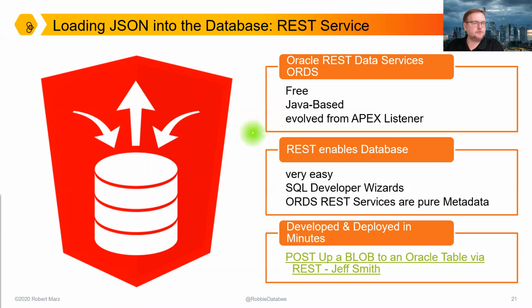So if you happen to have Apex installed and up and running in your database, the chances are very high that you have a configured and running ORDS as well. And then you are ready to go and use this ORDS listener for Oracle REST services. You can very easily REST enable the database by using the SQL Developer wizard, or by doing a couple of PL/SQL API calls.